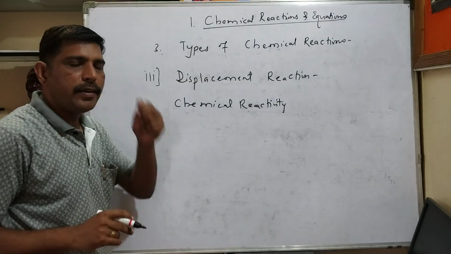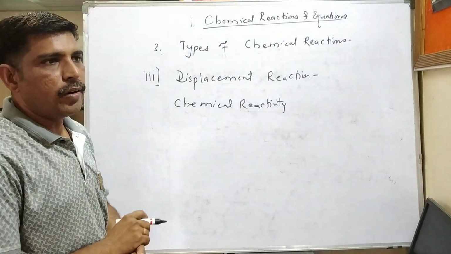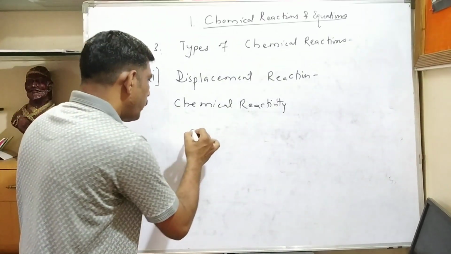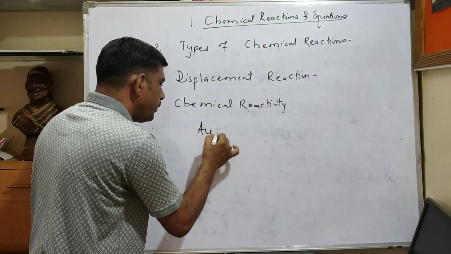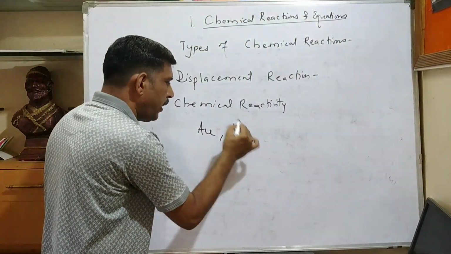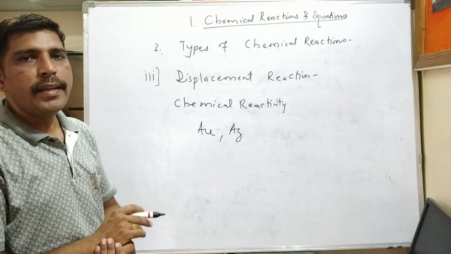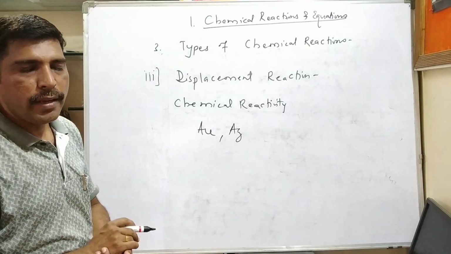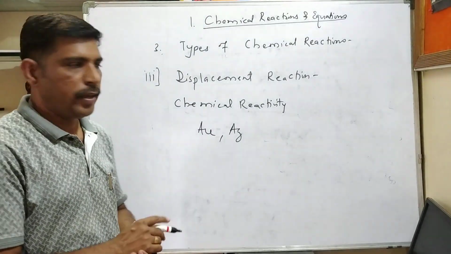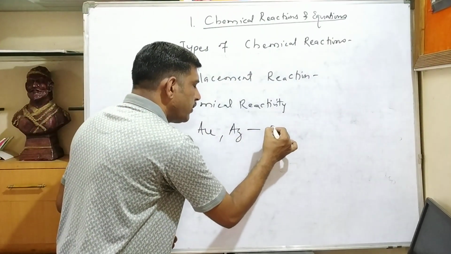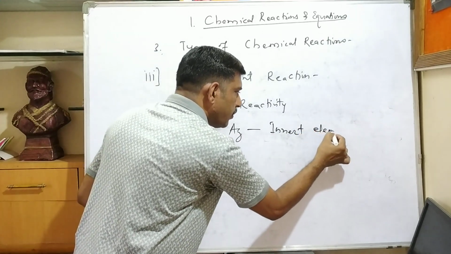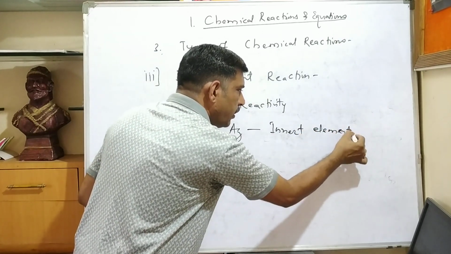These elements are arranged in a sequence or order called the chemical reactivity series. In that, this is gold, Au, this is silver, Ag. These are very less reactive elements, or noble elements, because they will not react with others. They are inert elements, you can say.